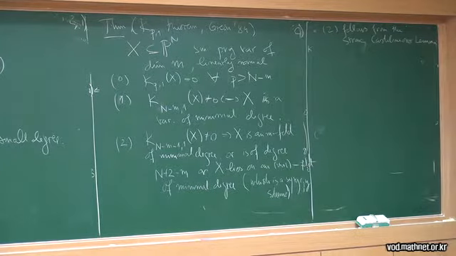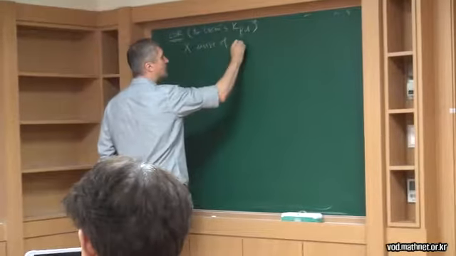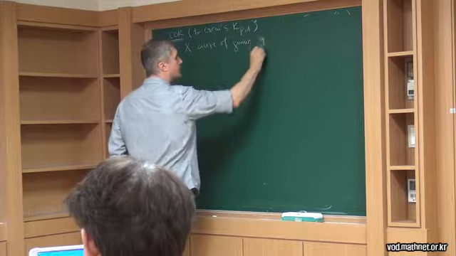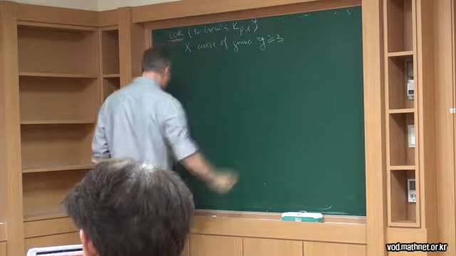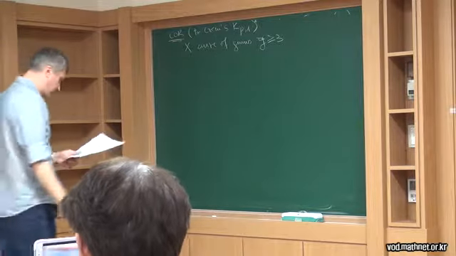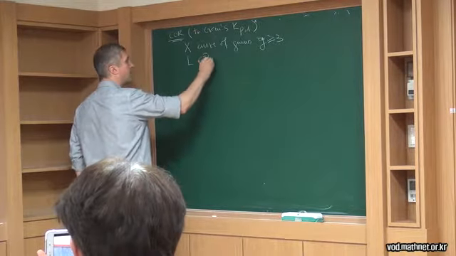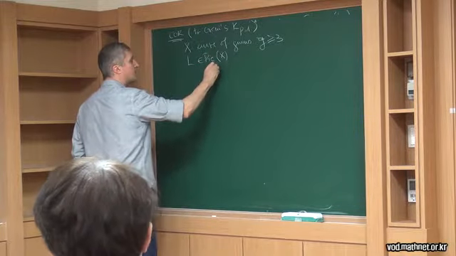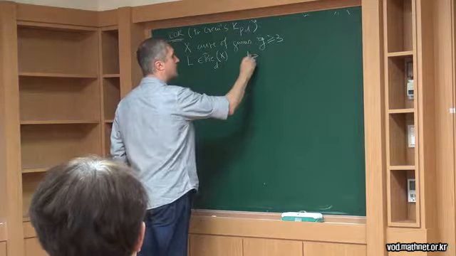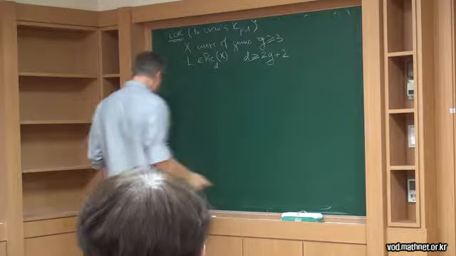So the corollary says the following. We have X, a curve of genus at least g, at least 3, I guess. If I got it wrong, I will correct it. And L, a line bundle of degree d on X with d at least 2g plus 2.